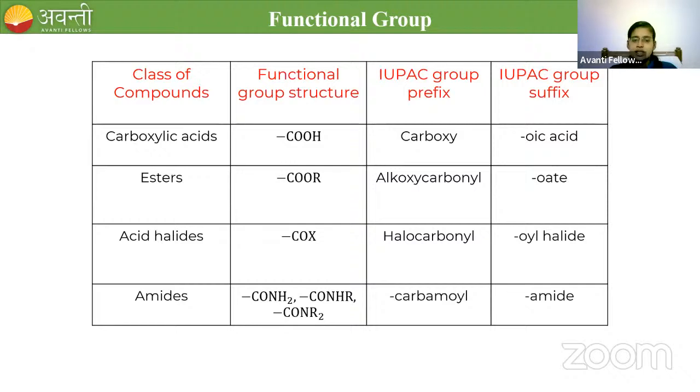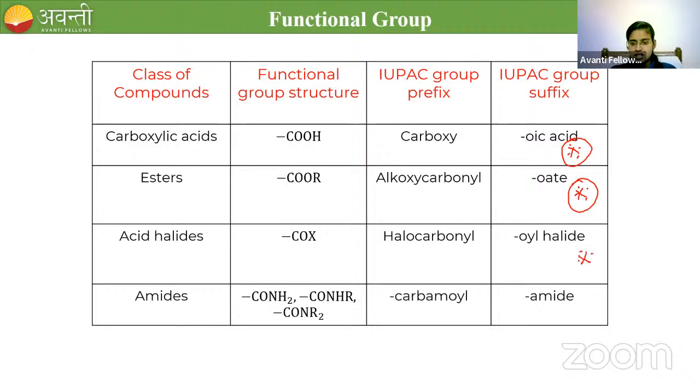Then for ester, COOR, alkoxycarbonyl is the prefix and oate is the suffix. Oic acid, oate, all these are important. In most of the compounds, you will use the suffix for carboxylic acid and esters. Then for acid halides, the formula is COX. Halocarbonyl is the prefix and oyl halide is the suffix.